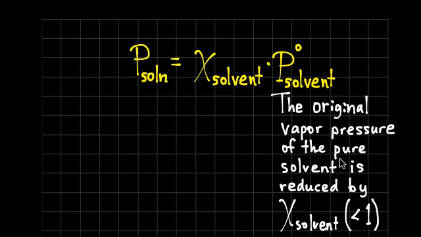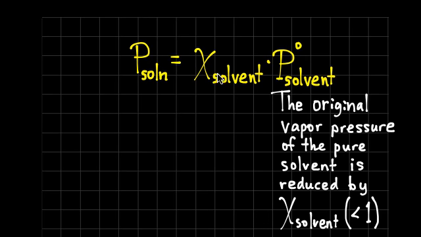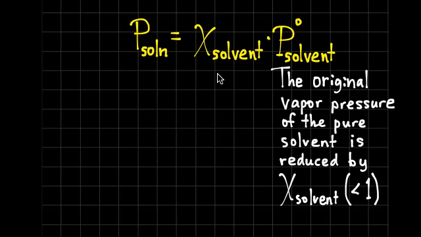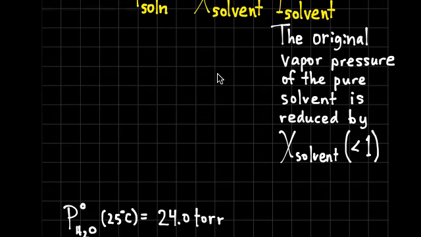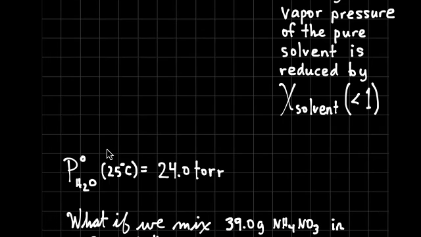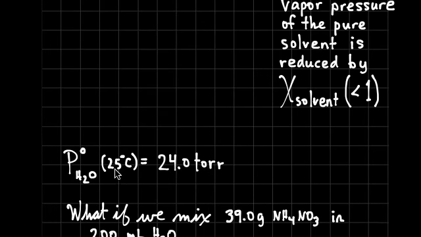So if I had a pure solvent, no solution, this would be a 1, and they would be equal. But of course it's not, otherwise why would we talk about these mixtures? It's called Raoult's law. Example, the vapor pressure of water at 25 degrees Celsius, room temperature-ish, is 24 torr.